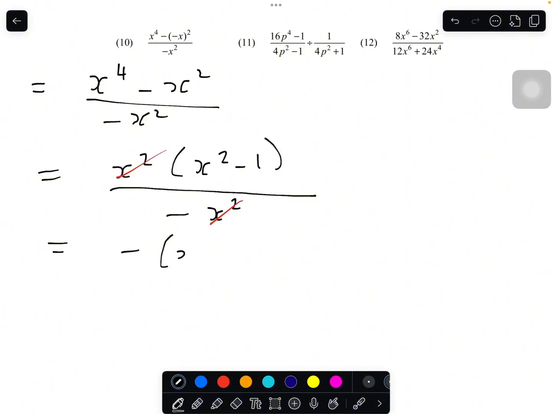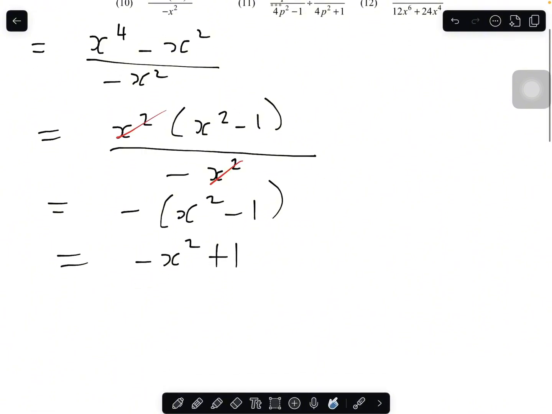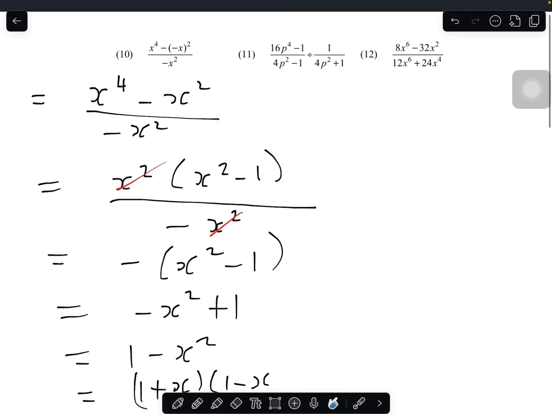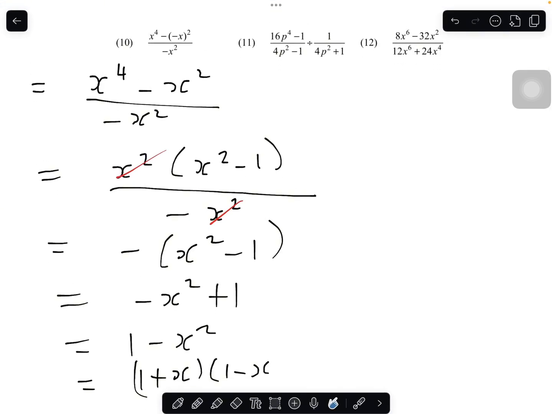So I'm going to have negative into x squared minus 1, and that will then give me negative x squared plus 1. If they want you to then factorize this, you'll just get 1 minus x squared. This is not generally needed for these questions, so I get 1 plus x into 1 minus x. And that is how we're going to do our first question.